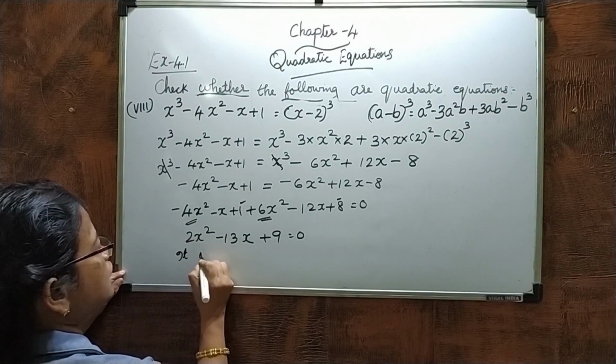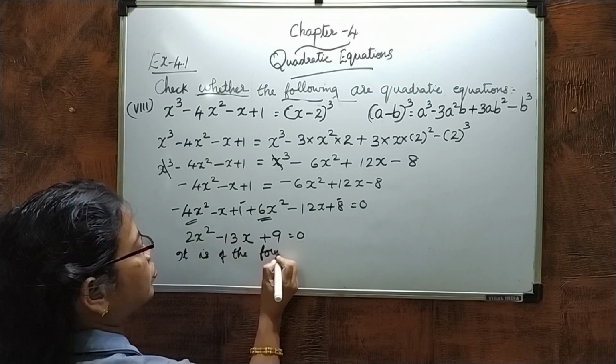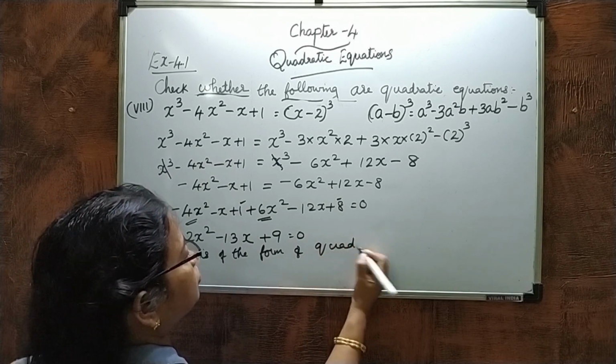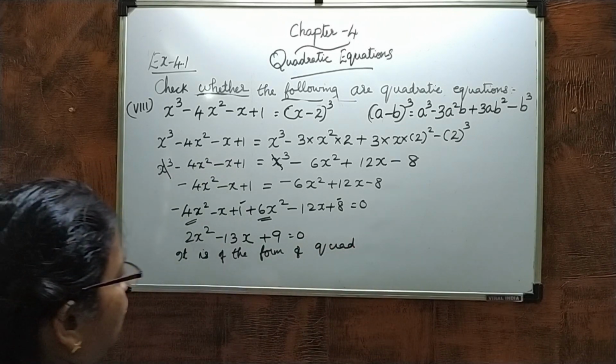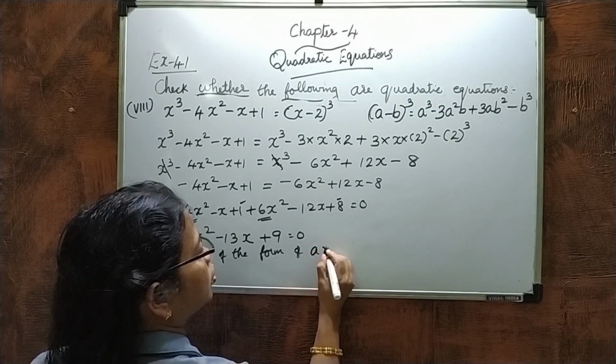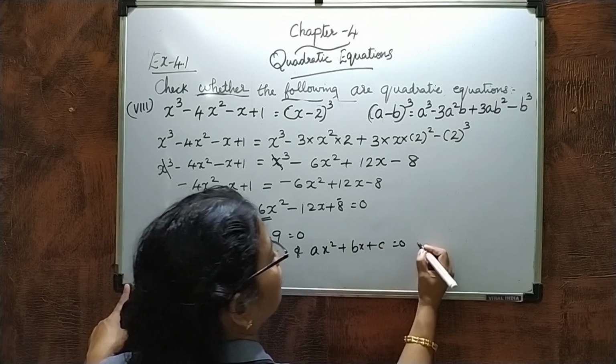So it is in the form of ax square plus bx plus c equal to 0.